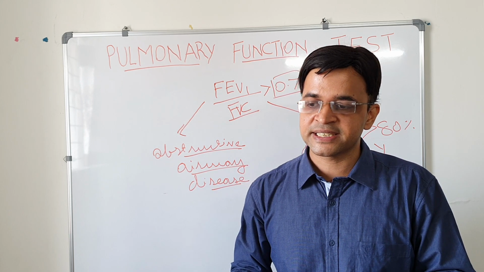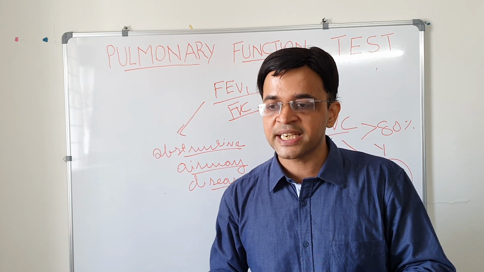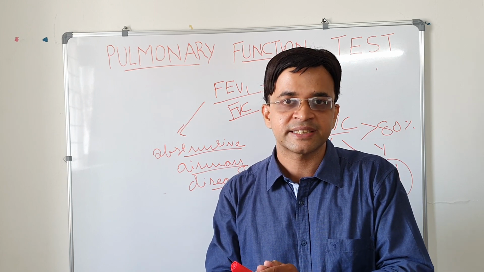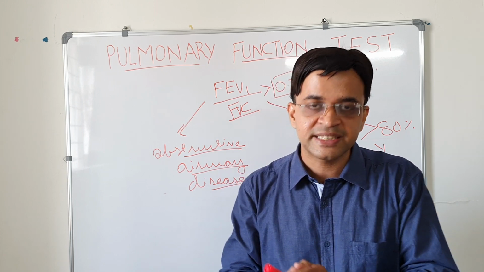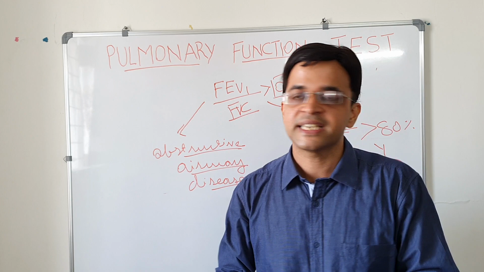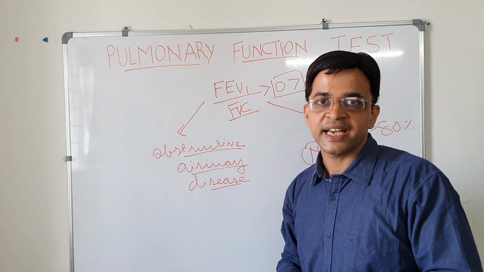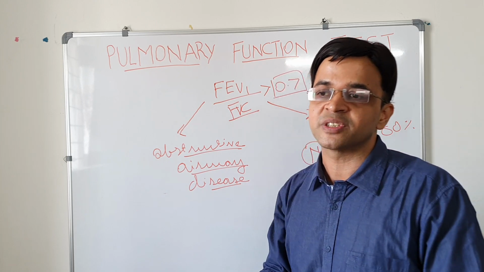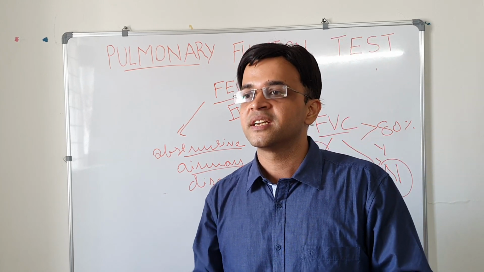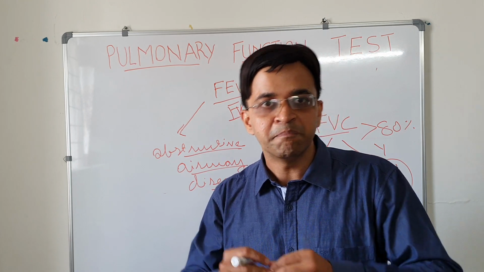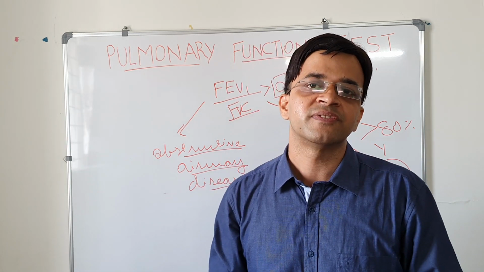If it is less than 80% of the predicted, then it is pure restrictive lung disease. And if it is more than 80% of the predicted, then it might be obstructive airway disease with air trapping mimicking restrictive lung disease.